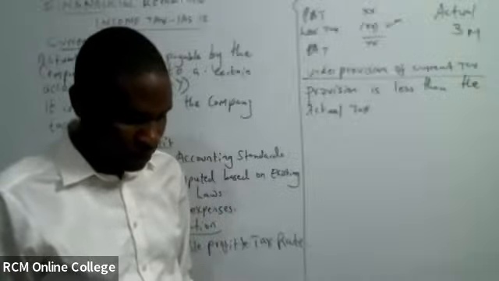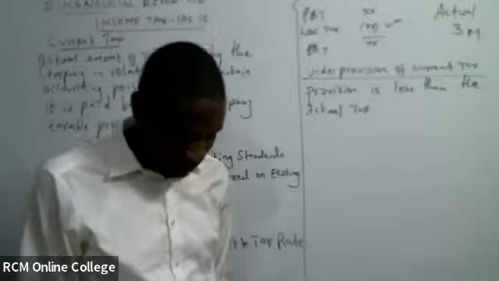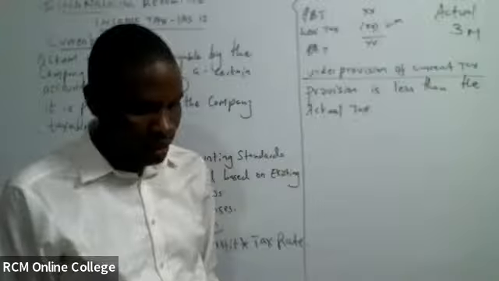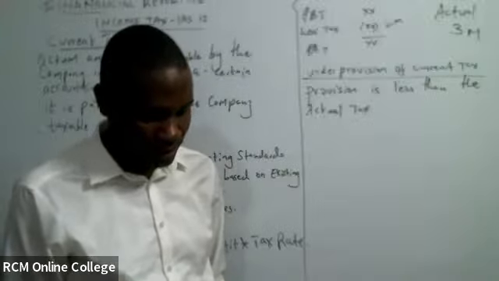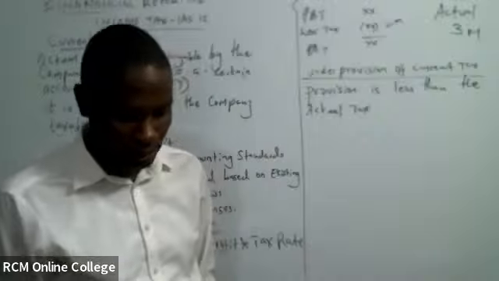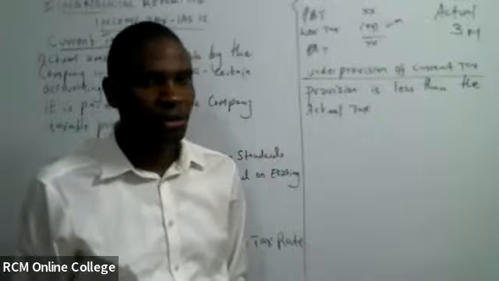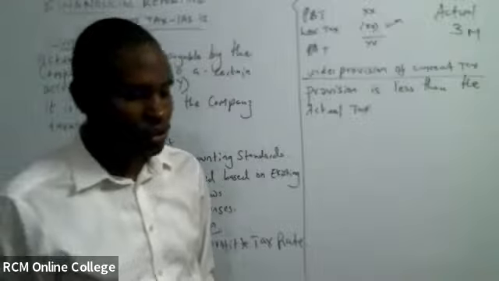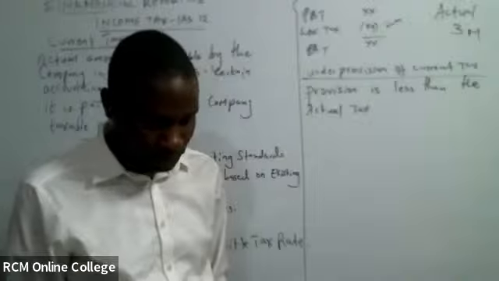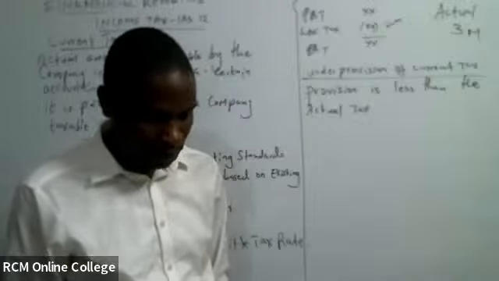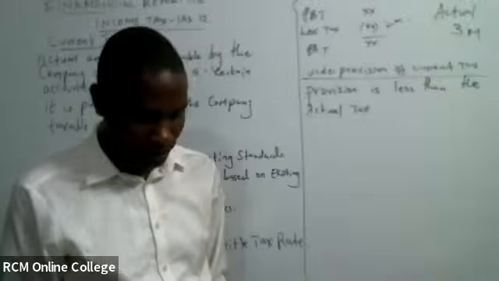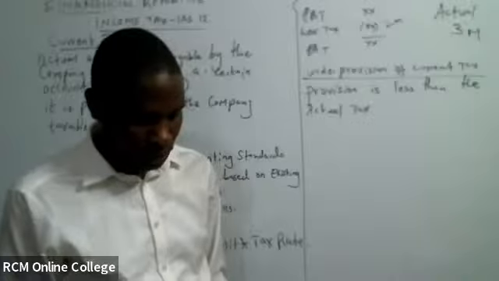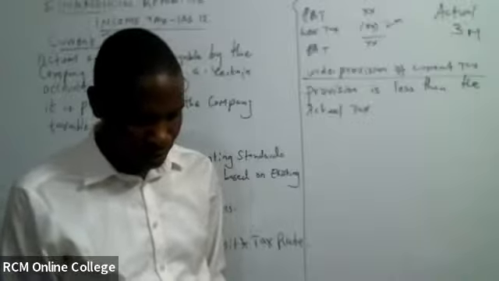So you can write this: under provision of current tax appears on the debit side of the trial balance.